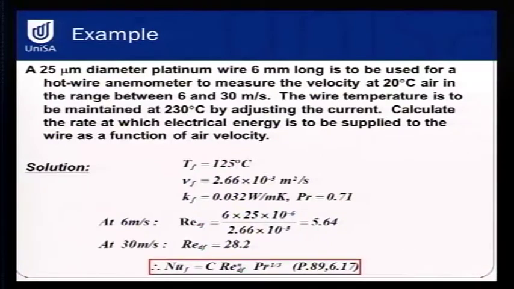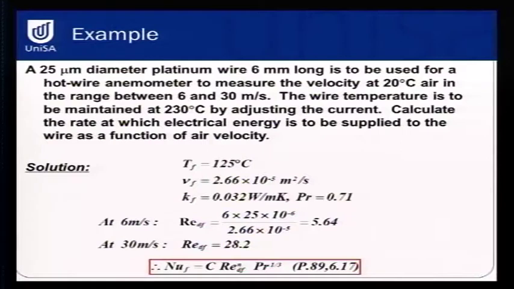In this case, we have air at 20 degrees Celsius, and we want to measure velocities which range between 6 and 30 meters a second. The way we do this is maintain the temperature of this wire at 230 degrees Celsius, and we adjust the current that we need to maintain that temperature, and by reading the current we can work out the velocity. As you'd imagine, the faster the flow, the more power that will be dissipated.